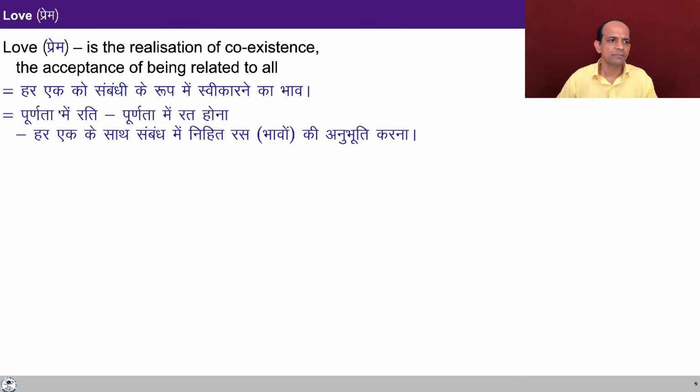Now, the complete value is a feeling of love. And essentially, this is a realization of coexistence, which leads to acceptance of being related to all. So when I'm able to see that through space, I'm related to every human being, even I'm related to each and every entity in this nature, each and every unit in this nature. So I naturally have the feeling of love for every human being, isn't it?